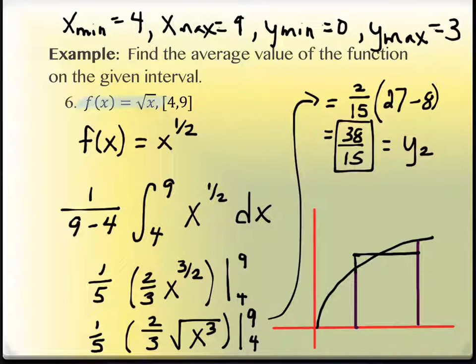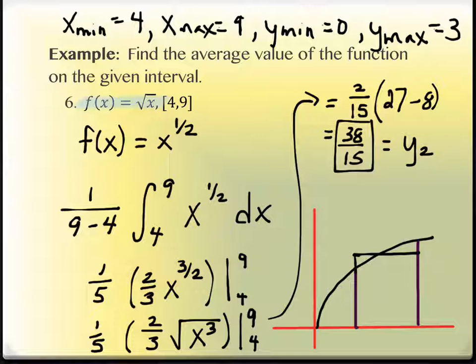The rectangle has height, in this case 38 over 15, and it has width, in this case 5, because we went from 4 to 9. That's what average value does. Average value changes your shape into a rectangle. It gives you the height that you would actually have to have on average for the width that you were given already. Does that make sense?